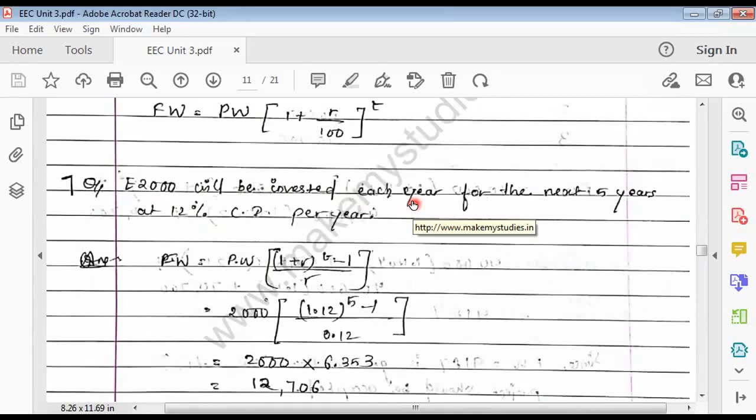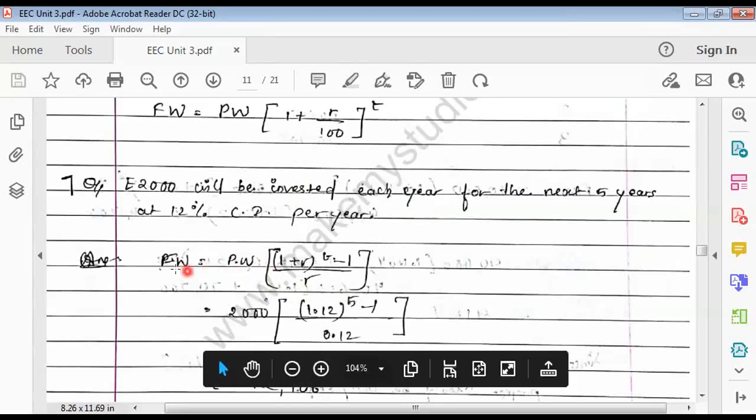So this is a case of annuity, wherein the same amount gets repeated over a number of periods, be it revenue or income, or cost or expenditure. If you want to find the future worth of an annuity, you must use this formula. Please remember this formula; there is no other way that you can solve.